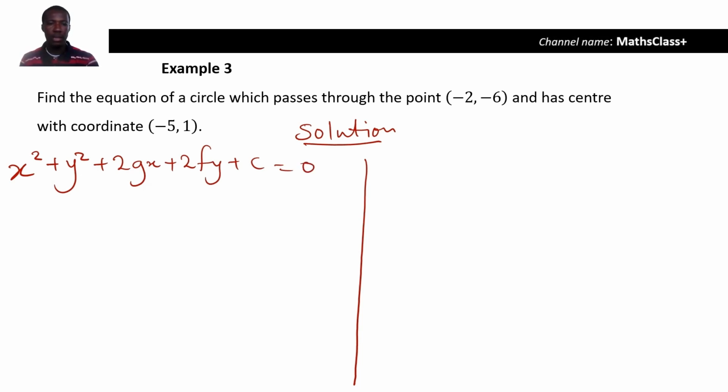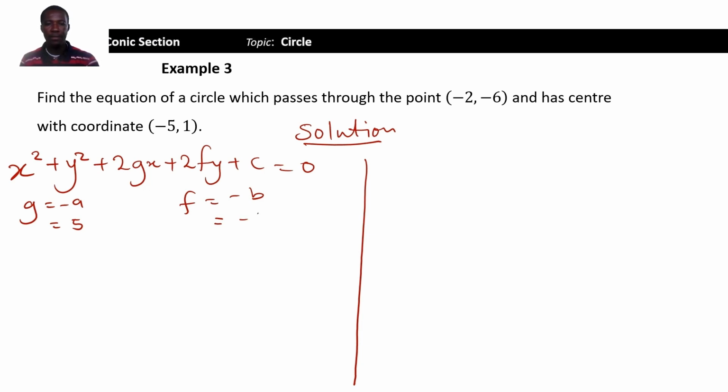Let's remember that g is equal to negative a. And so if we have a as negative 5, then it means g will be equal to 5. Then f is equal to negative b. So if we have b as 1, then f will become negative 1. So we are substituting the values of g and f into the equation.